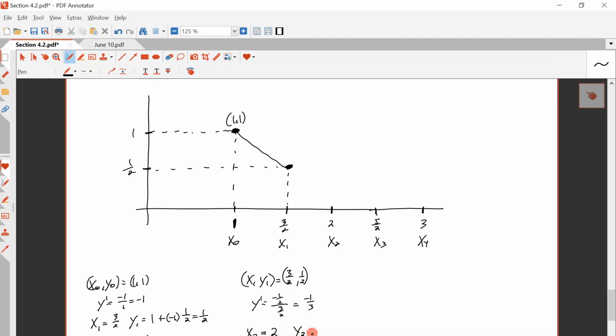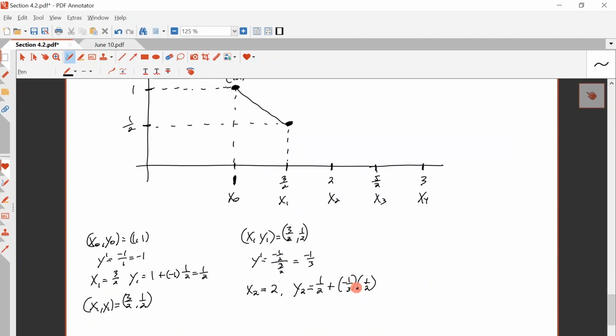And then y2 is equal to a half plus the slope times delta x. So that's 1 half minus 1/6. So that's 3/6 minus 1/6, which is 2/6. So that's 1/3.